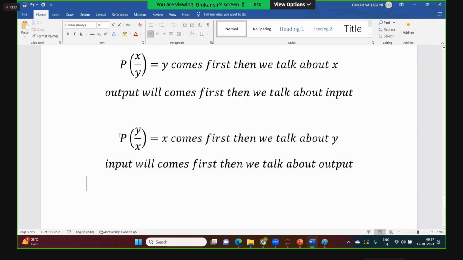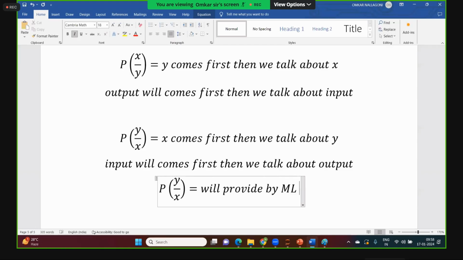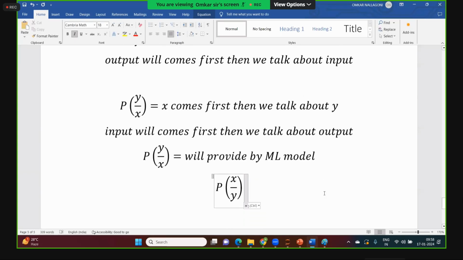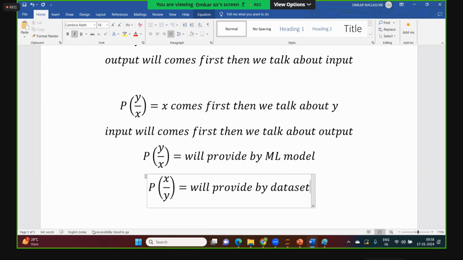P of Y by X will be provided by the ML model. And P of X by Y you can get from the data set itself, because in your data set both input and output are there. This will be provided by the data set. So these two are very, very important.